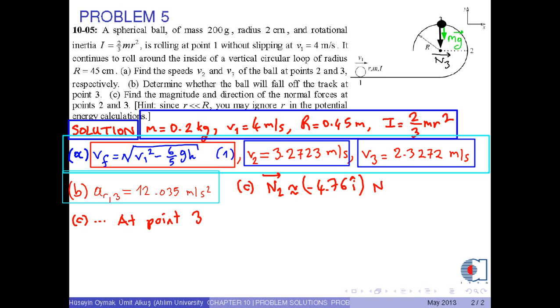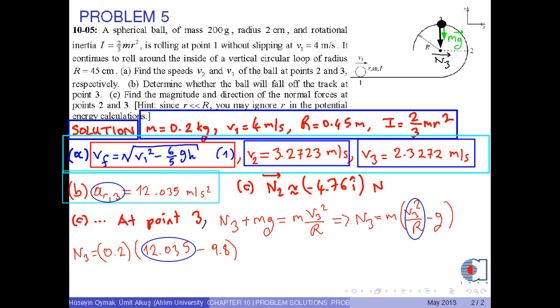At point 3, the free body diagram for the object is drawn like this, and Newton's second law gives N3 plus m times g equals m times v3 squared over R, and we obtain the formula for N3 as m times (v3 squared over capital R minus g).